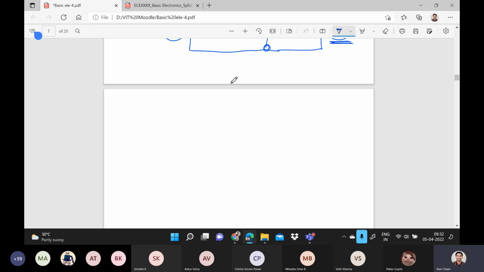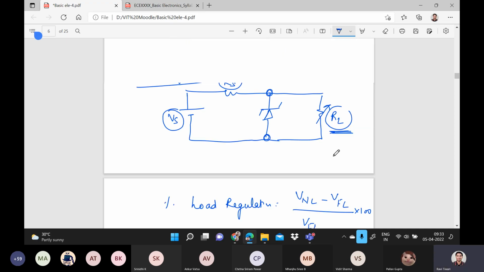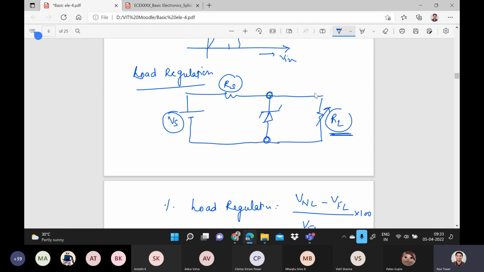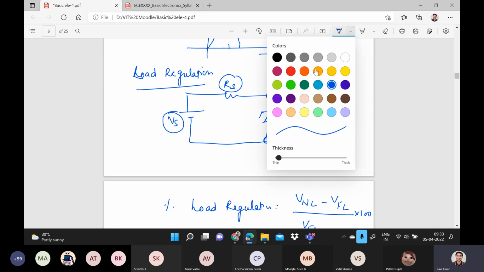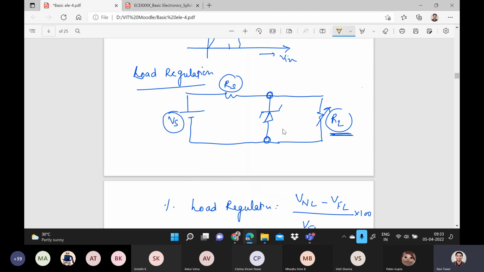So the formula to find the load regulation is V at no load minus V at full load, divided by V at full load, into 100. Now, what is the meaning of no load?